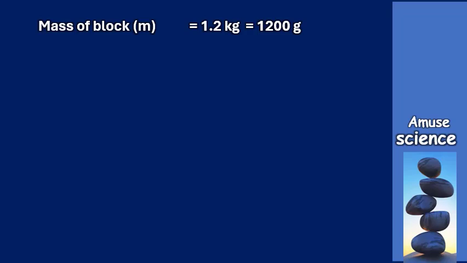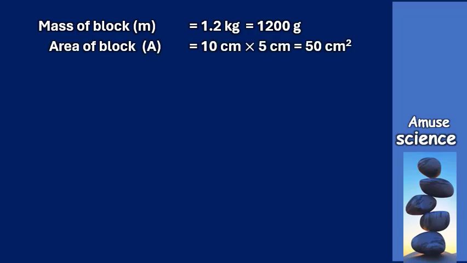Okay, the second step is now to find the area. Area is length times the width. So the area of the block is 10 centimeters by 5 centimeters. That is 50 centimeter squared.